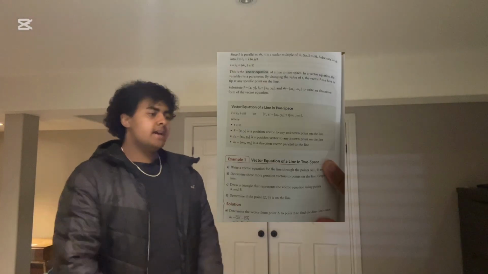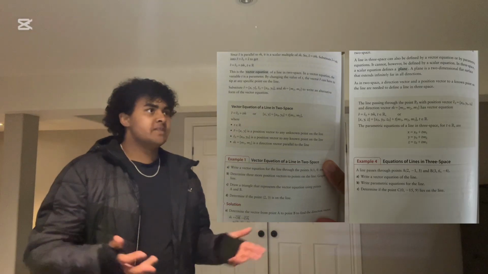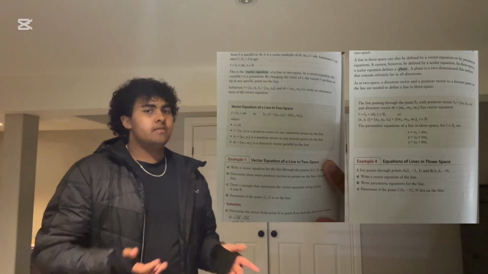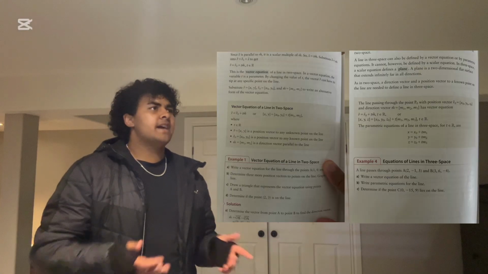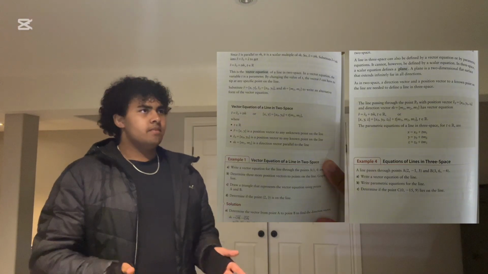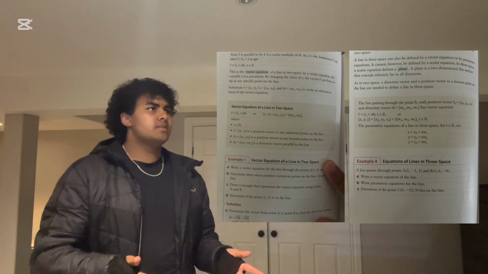We could represent the 2D equation like this, and we could represent the 3D equation like this, where r is a general position vector on the line, r naught is the point on the line that we use to calculate any point on the line, m is the direction vector, and t is the scalar multiple of the direction vector. To find the direction vector, we can simply take 2 points on the line, find their difference, and that will give us a vector directly parallel to the equation.